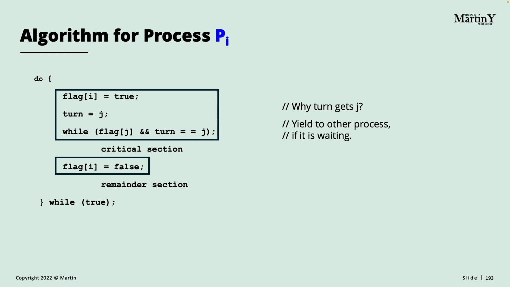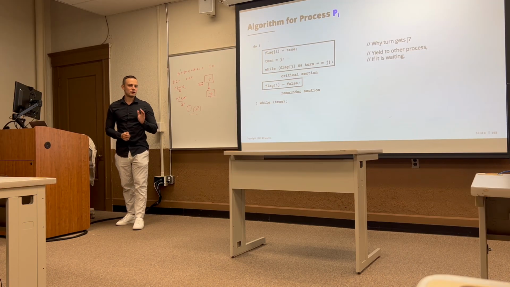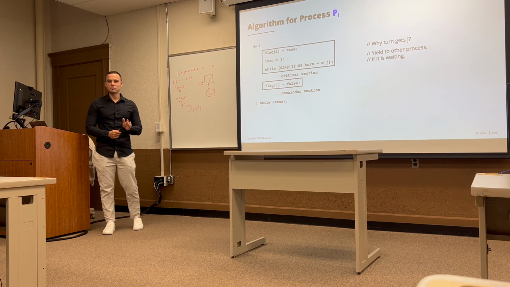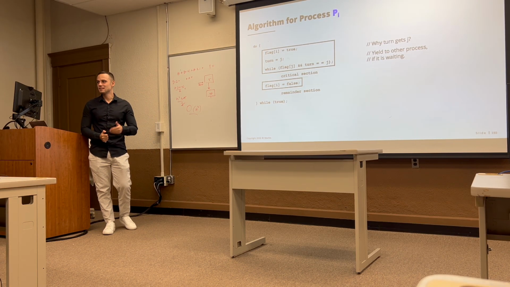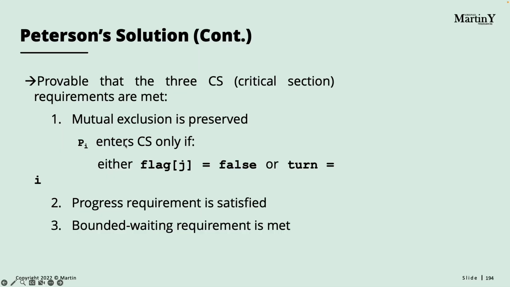Only j can set the turn to i. You need to wrap your head around it a little bit, but this is why we're also going to do a practical exercise so you can really see how it works. Those are pretty much the things that we were talking about. We covered all the cases.